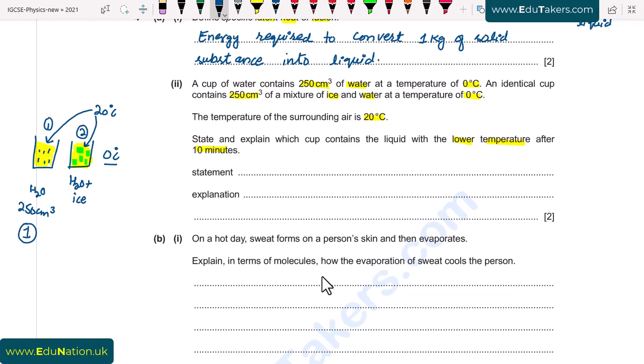So I write here when this water gains energy from outside, then its temperature increases. At 0 degrees C, when it comes to 20 degrees C, the temperature of this liquid increases.